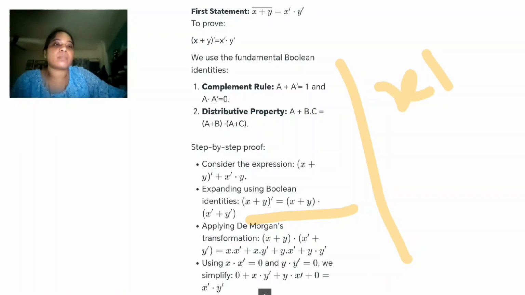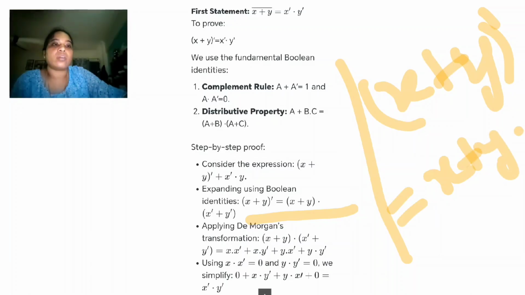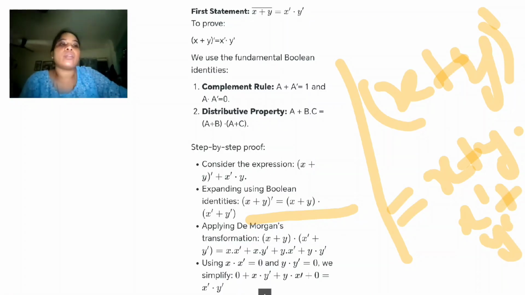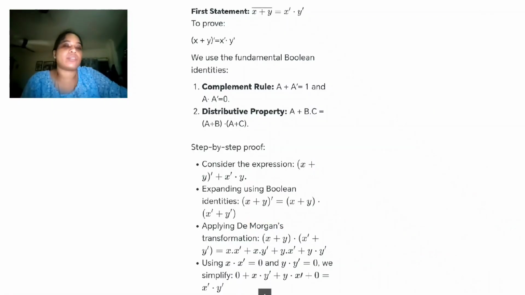What is the formula? x plus y dash equals x plus y dot x dash plus y dash. Now I'm going to apply the De Morgan's transformations. First one is the complement rule, another one is the distributive property. So I'm going to apply these two rules in this expression. Here you can get that answer.